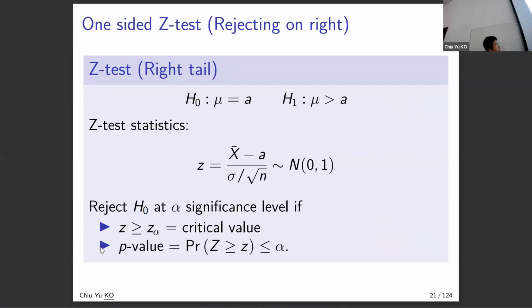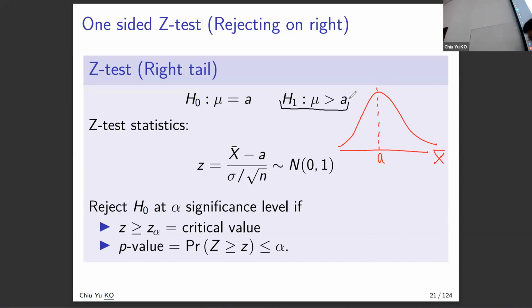As we said, let's draw that again. Under the null hypothesis, X bar is like this. And the alternative, remember, here is mu bigger than A. So it means we would take action, we worry, if X bar is too large.